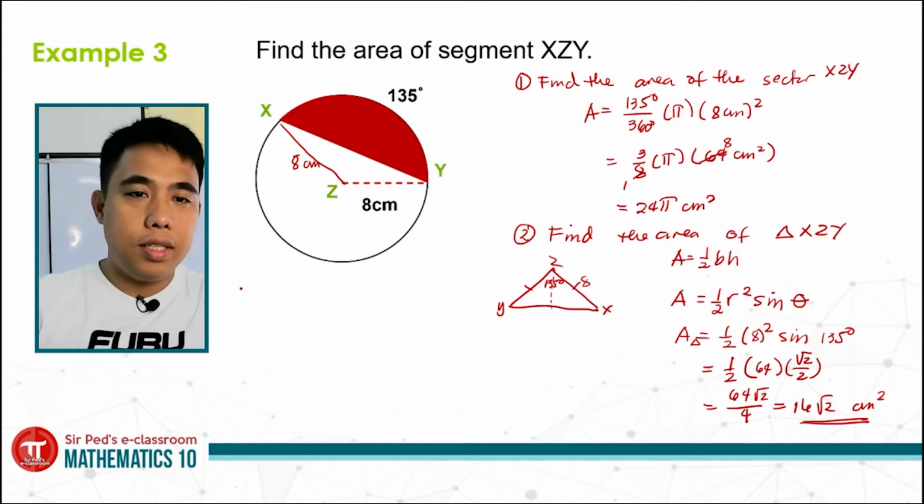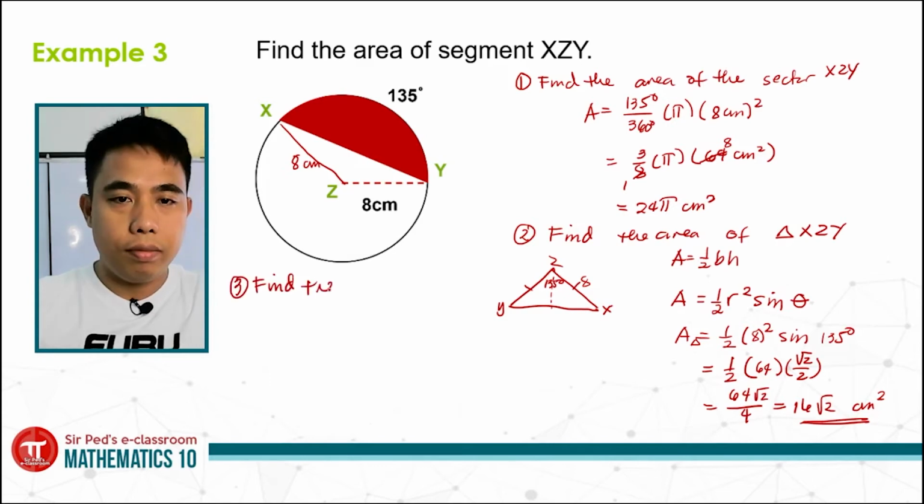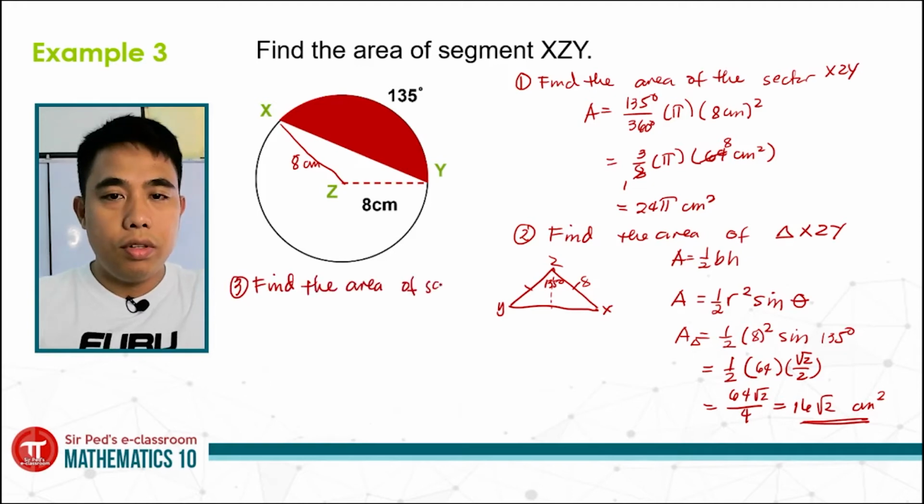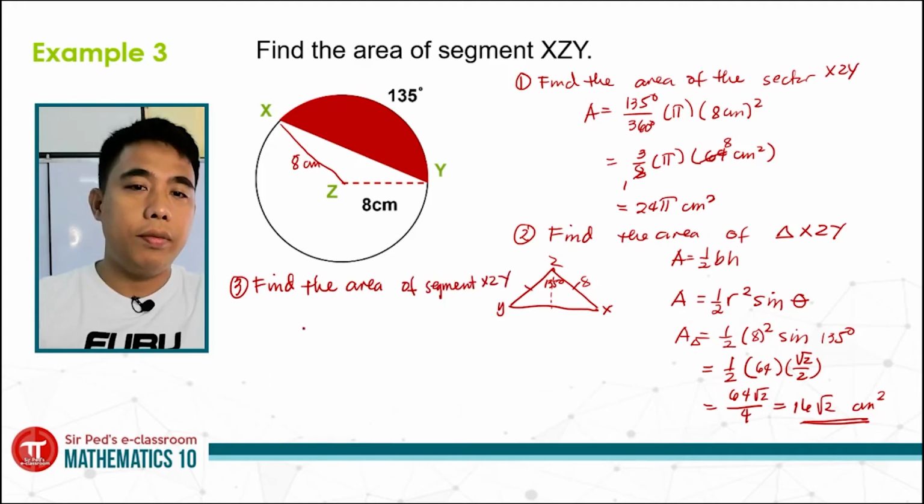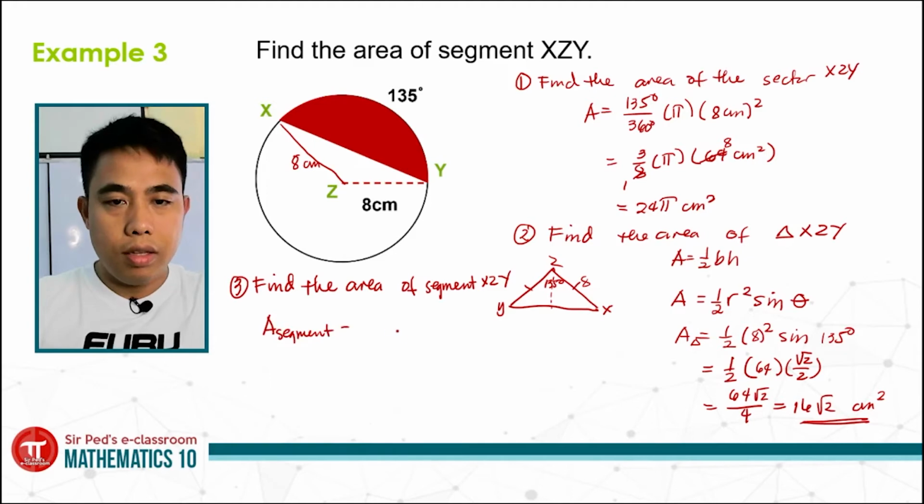Step 3, we're going to find the area of segment XZY. So that will be area of the segment, that is equal to 24 pi minus 16 square root of 2 square centimeters.